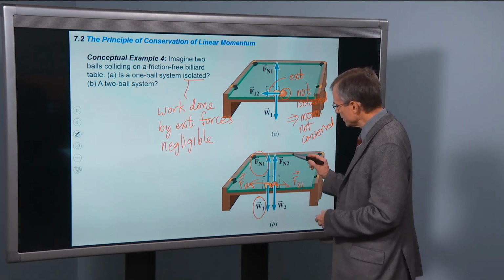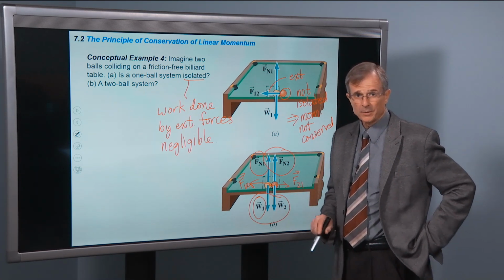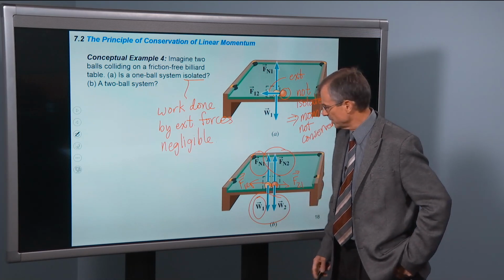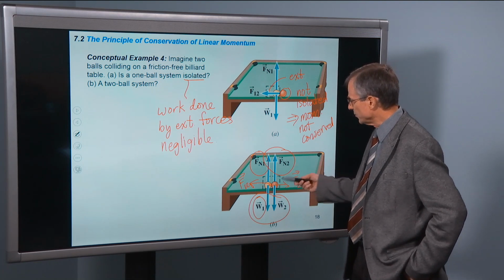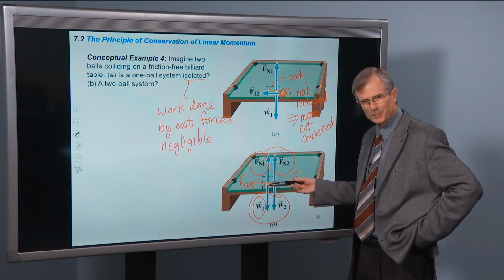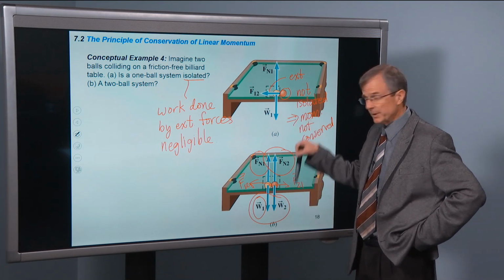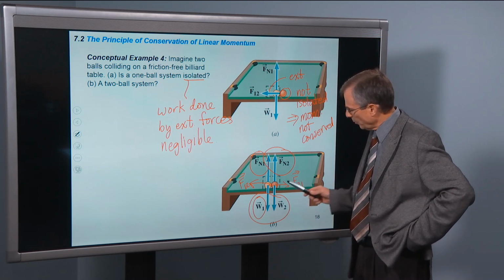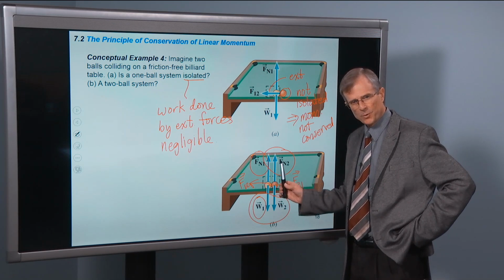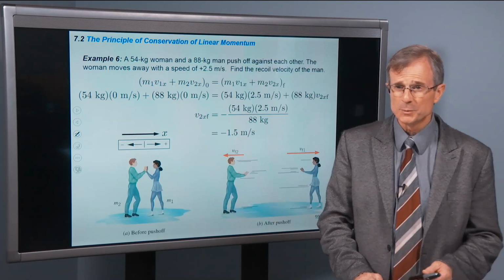So these forces, even though normally we'll need to look at the weight and the normal force, are quite negligible compared with the force of collision. There's another reason why the work done by these forces is negligible, and that is that the displacements are horizontal and these forces are vertical, either vertically upward or vertically downward, and the work done in a displacement that's perpendicular to a force is zero. So that's another reason why they're negligible.